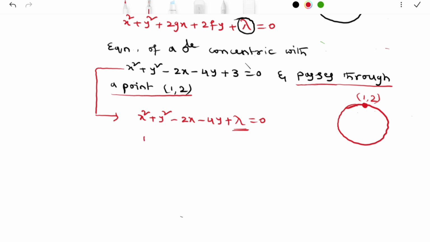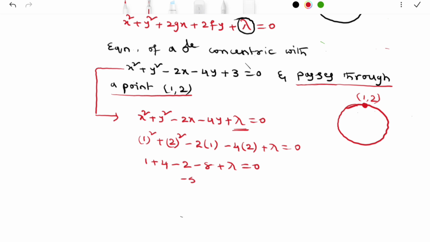Therefore, 1 whole square plus 2 whole square minus 2 into 1 minus 4 into 2 plus lambda is equal to 0. Now this is 1 plus 4 minus 2 minus 8 plus lambda is equal to 0. 1 plus 4 is 5, 5 minus 2 is 3, 3 minus 8 is minus 5. Minus 5 plus lambda is equal to 0.